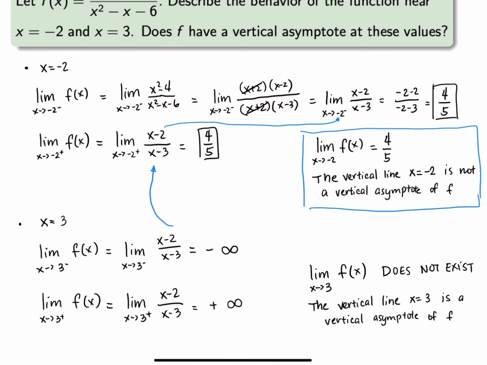And with regards to the behavior of the function, as x approaches 3 from the left, it would approach negative infinity, while the limit of f of x from the right of 3 will approach positive infinity. Thus, the limit of f of x as x approaches 3 does not exist. And this is now our final answer here.